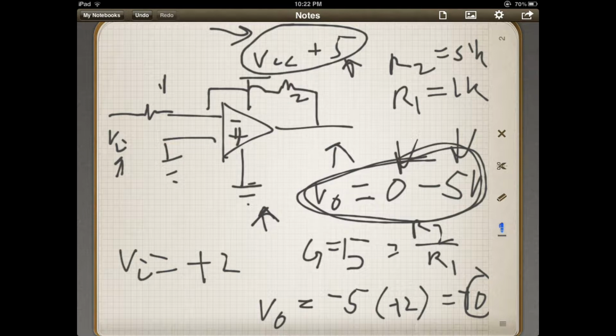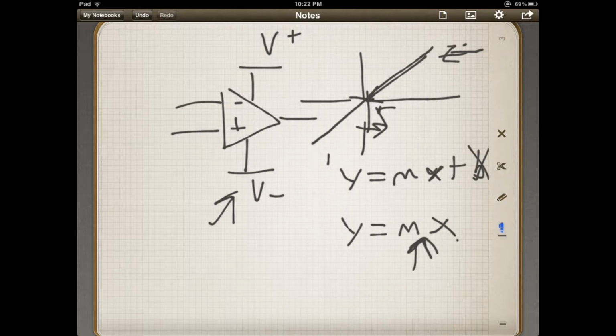I can't go below ground, so I can't go to negative 10. However, if I have a dual rail power supply, in that case, since it was negative 10, I'd have to do like negative 12 volts to positive 12 volts or something like that. If I did that, then I'd get my negative 10 out, because it can go down there because of this dual rail. So that's where those are handy.